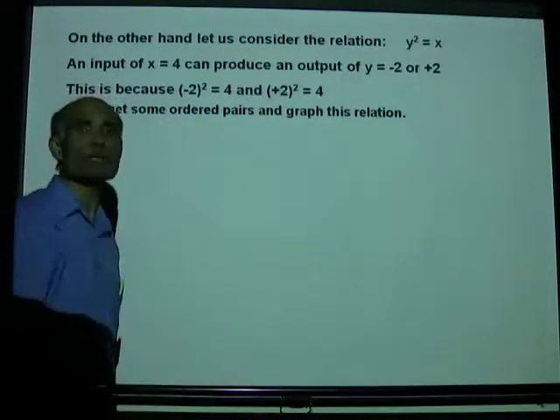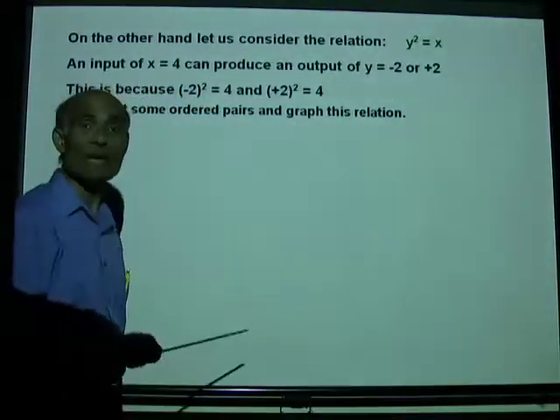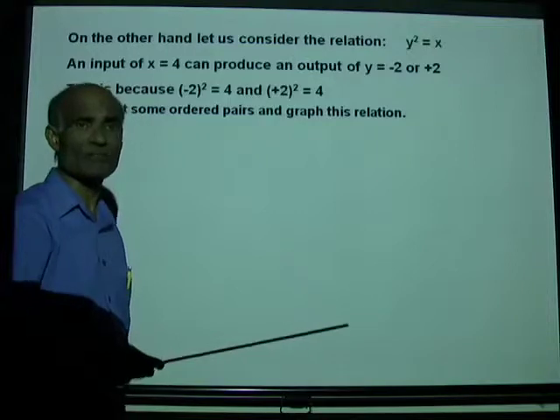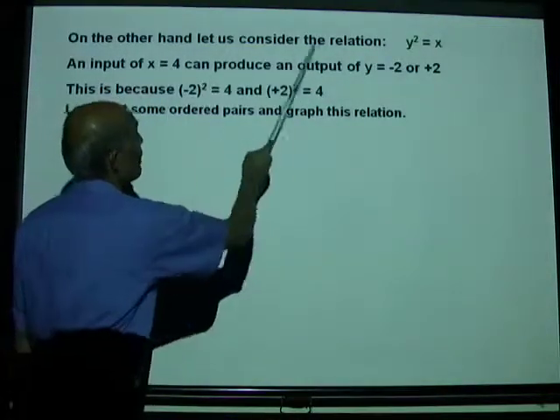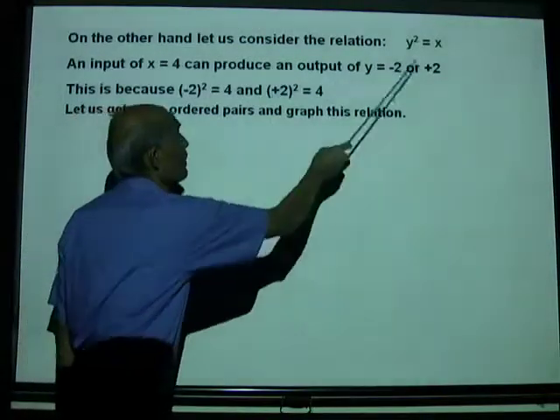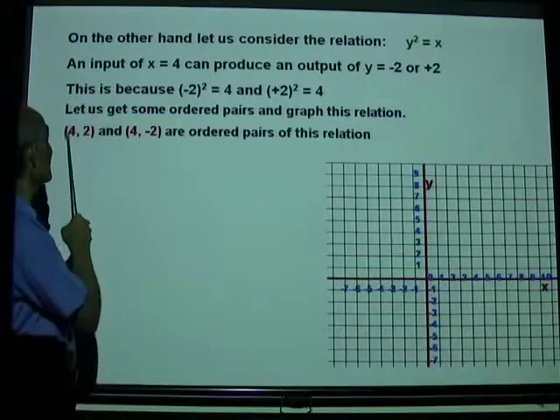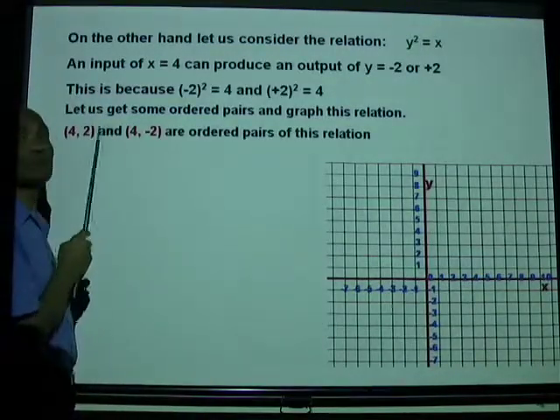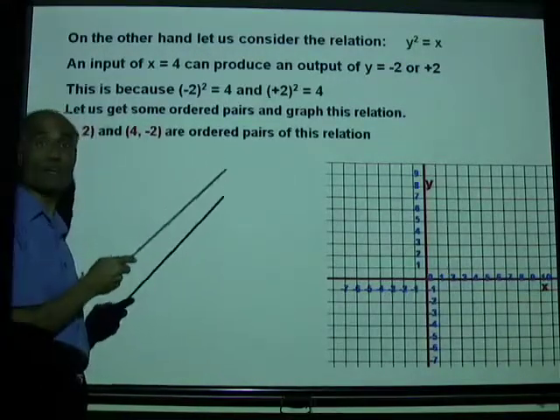Now let's get some ordered pairs for this relation. We already have a pair there. What are they? When x equals 4, y equals 2, and when x equals 4, y equals -2. In other words, (4, 2) and (4, -2) are ordered pairs of this relation.